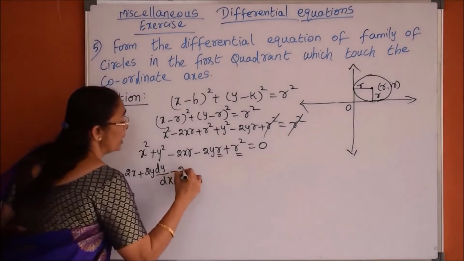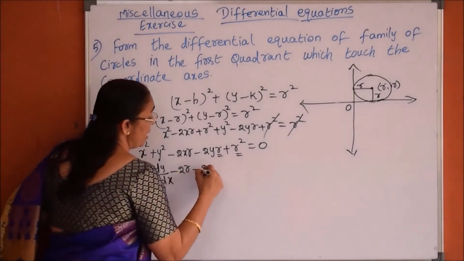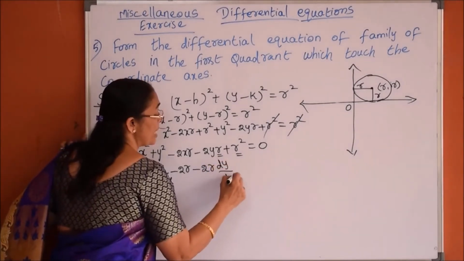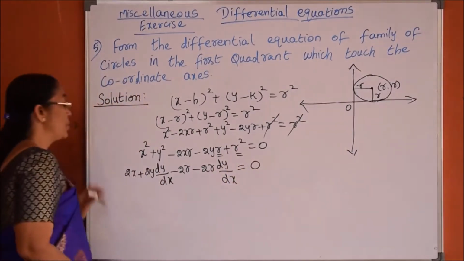Minus 2r can be taken outside, the differentiation of x is 1; again minus 2r is outside, the differentiation of y is dy by dx; the differentiation of r square is 0, which is equal to 0.